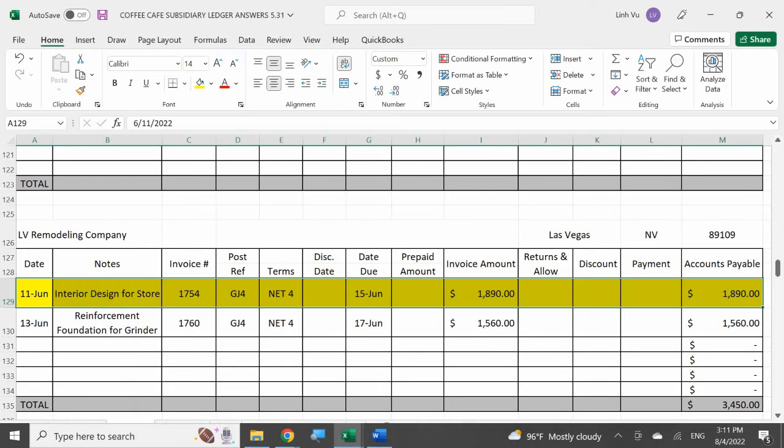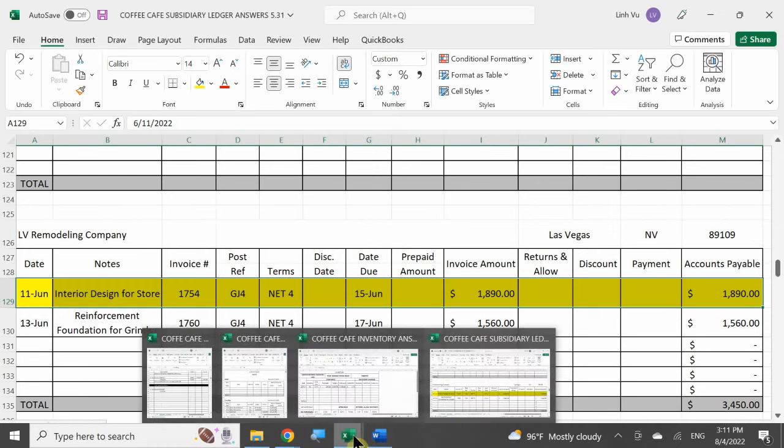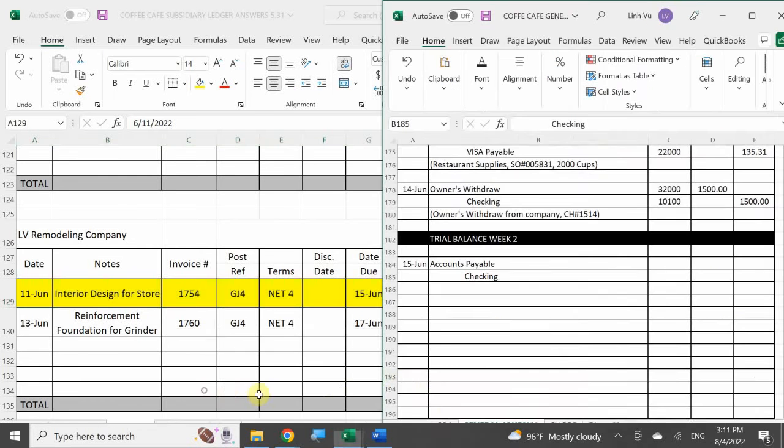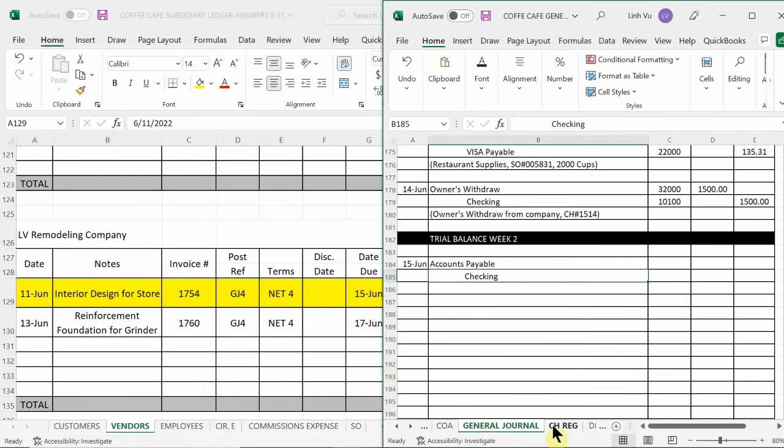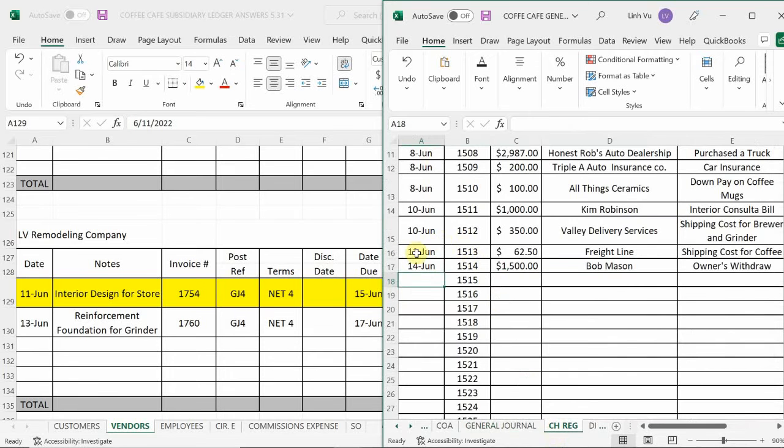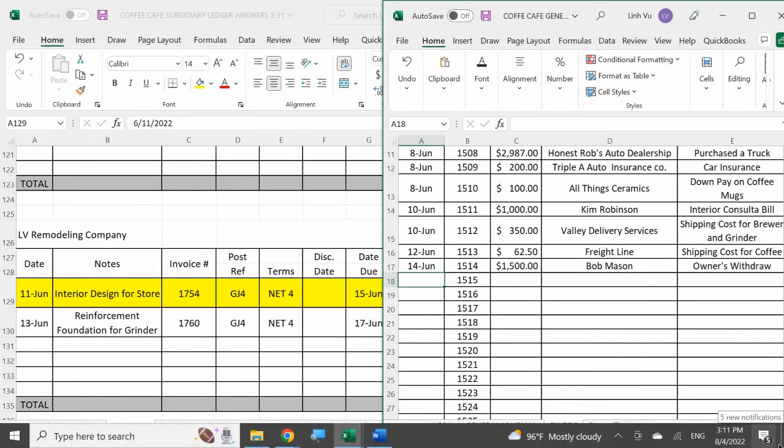So we need to cut the check so that we know the check number. Okay, for how much? 1890. To who?